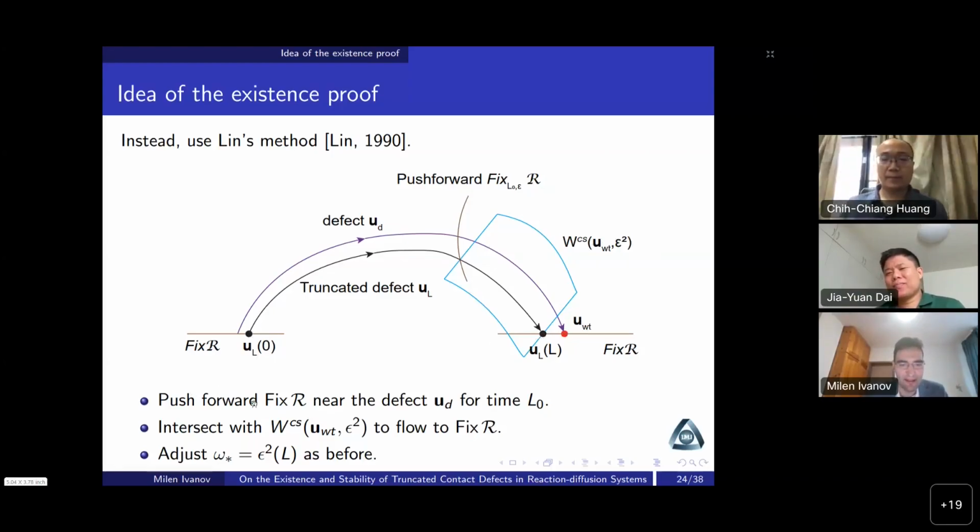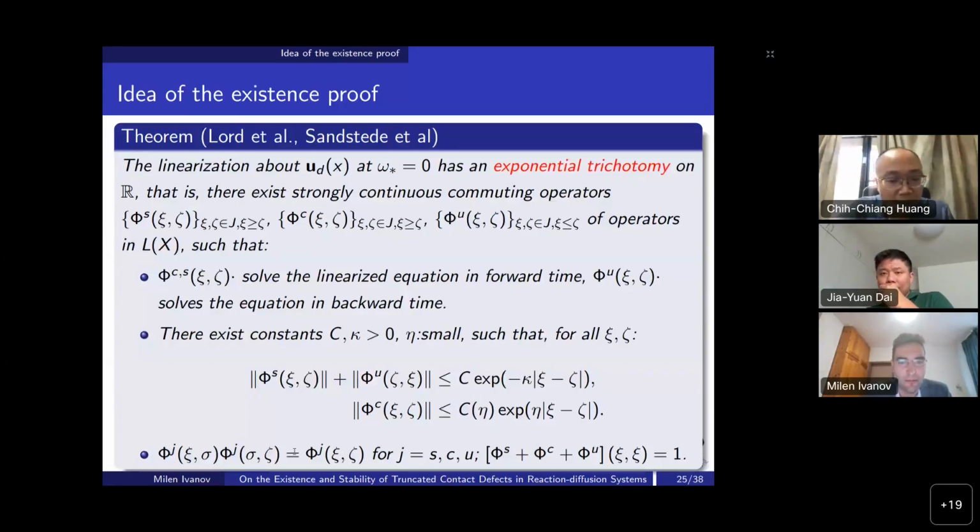And finally, I need to adjust omega star, my perturbation, to be epsilon squared of L, exactly what I need it to be. Since I want to cover some other topics, I'll just briefly mention that there is something called an exponential trichotomy on R for the linearized equation about my defect, the unperturbed one.